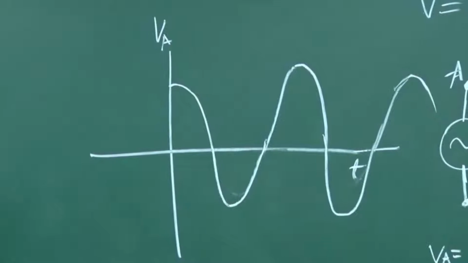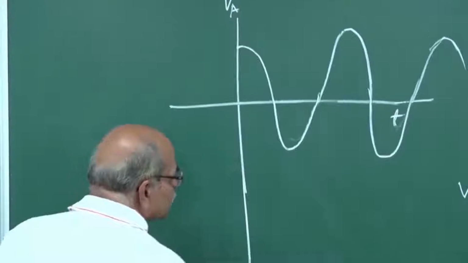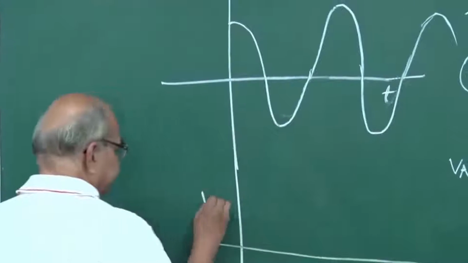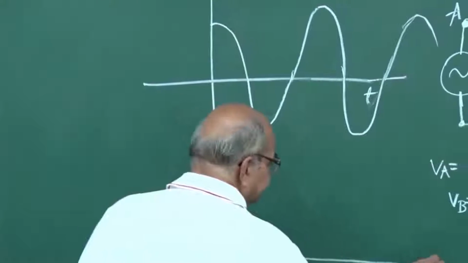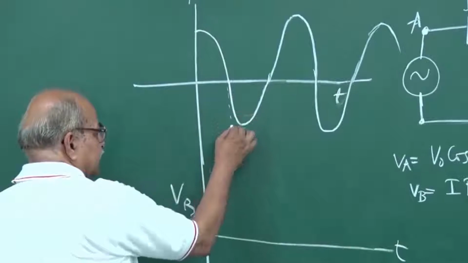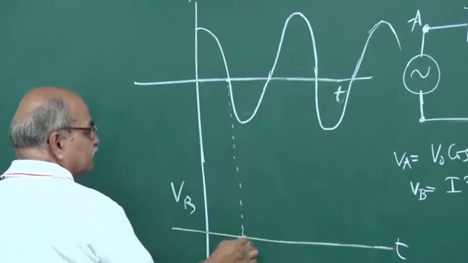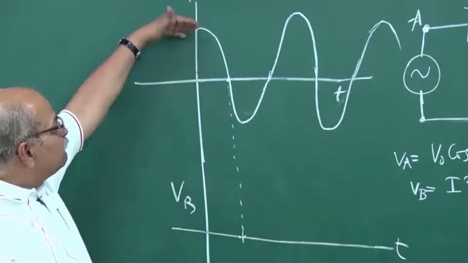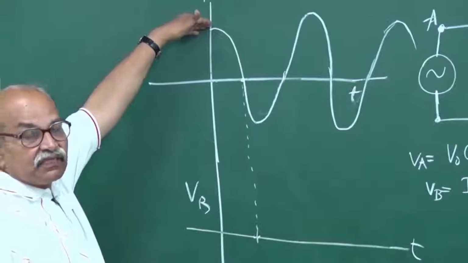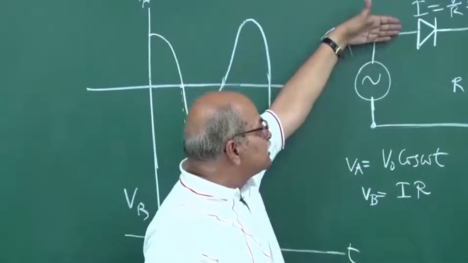All right. Now with the same scale, if I draw VB as a function of time till this time, what is happening? VA is positive. This is a positive voltage.